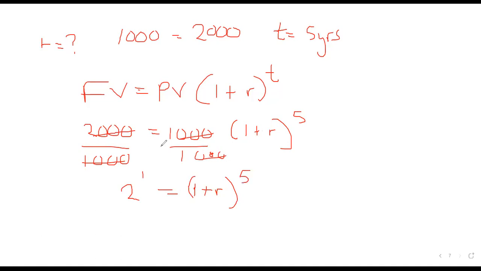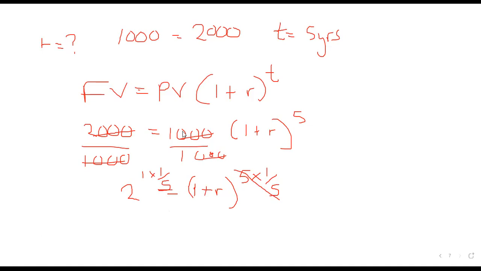To get rid of this 5, you just reciprocate it, multiply by 1 over 5, just like if there was a 4 there, you would multiply by 1 over 4. 1 over 5 is the same as 0.2.